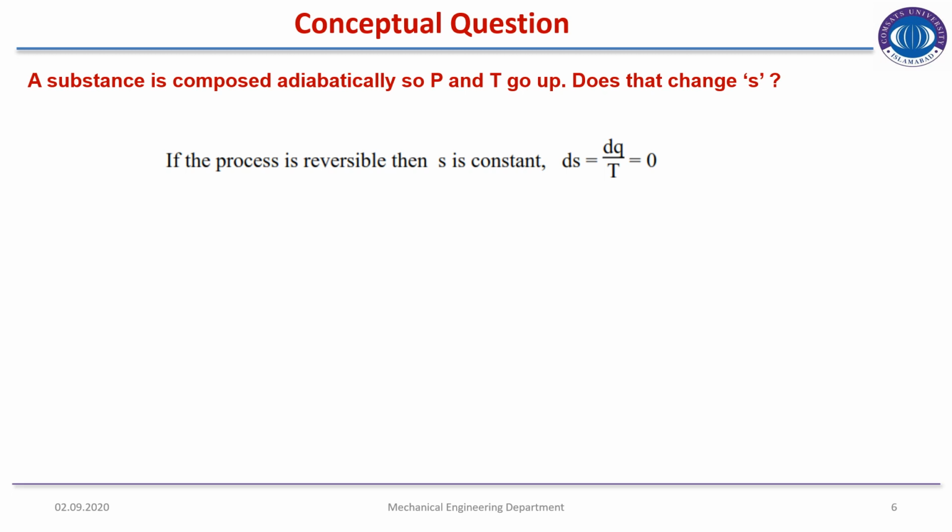If the process is reversible, then S is constant, because dS is equal to dQ by T. A reversible adiabatic process is an isentropic process. Therefore S is constant and dS is equal to 0.